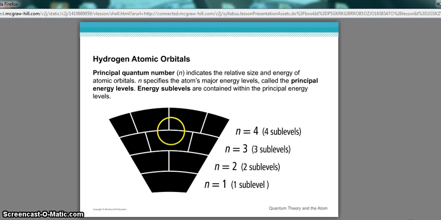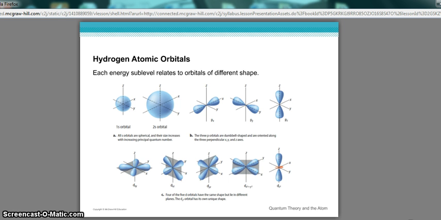So we're basically going to start digging down and defining what these specific spaces are for the electrons within the energy levels. Okay, so we want to look at each little sublevel, and each sublevel is going to represent a different orbital shape. So if the electron is in an S sublevel, then it's going to be in a spherical shaped orbital.